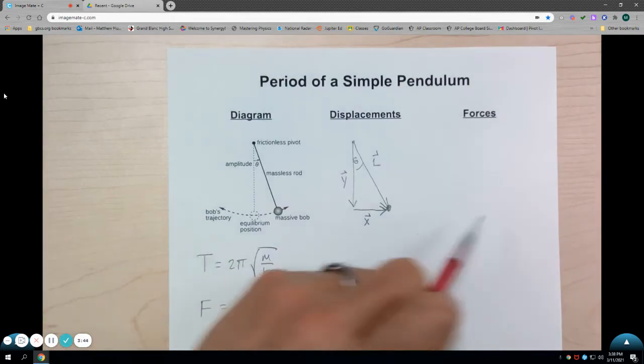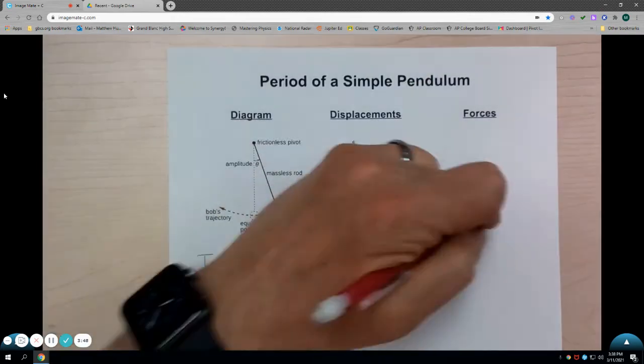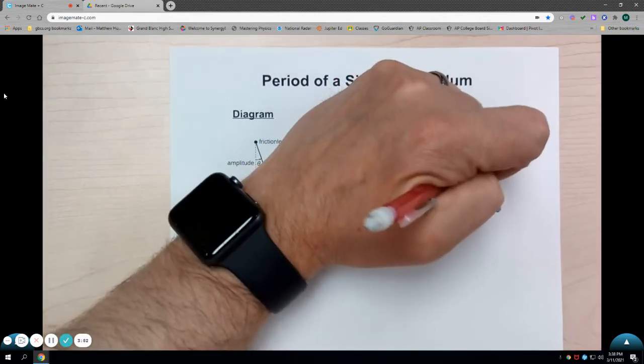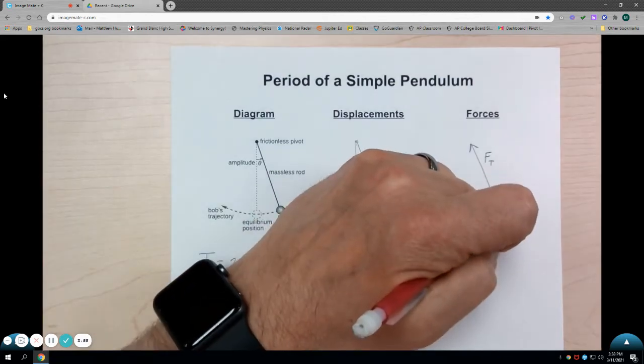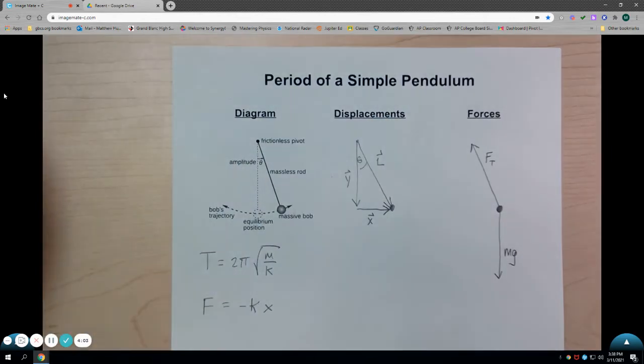As far as the forces on bob, we've got a tension force pulling directly towards the pivot. We've got the weight of bob pulling straight down towards the center of the earth. And that's really it.